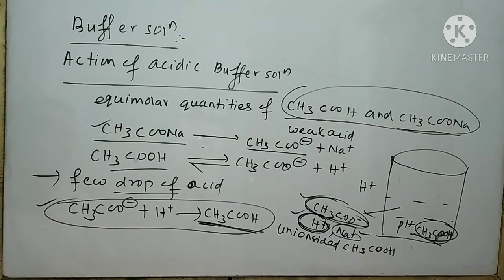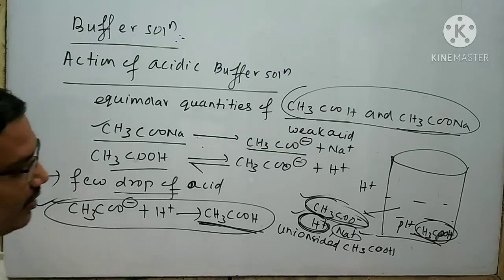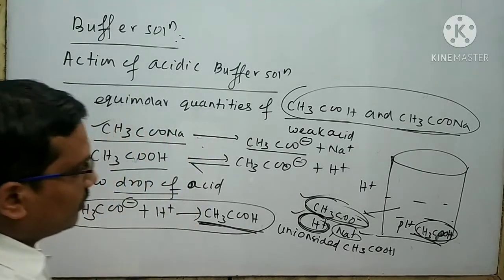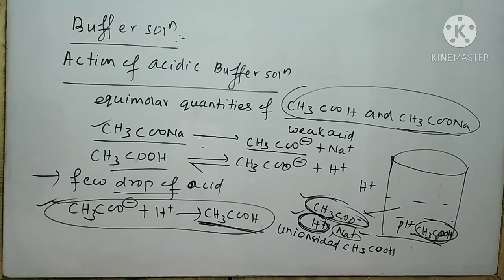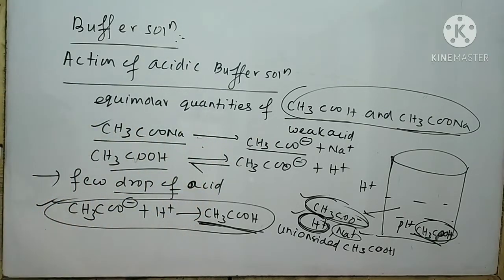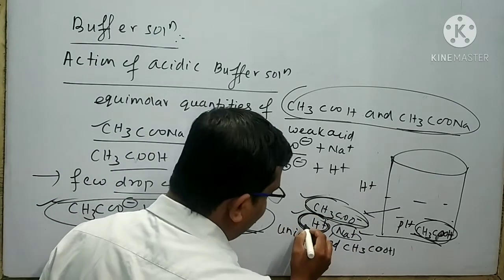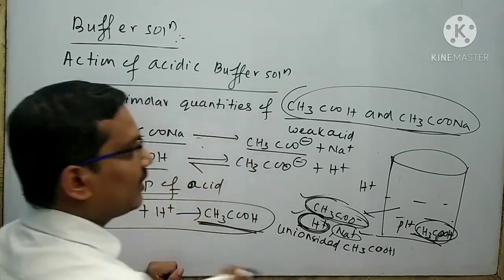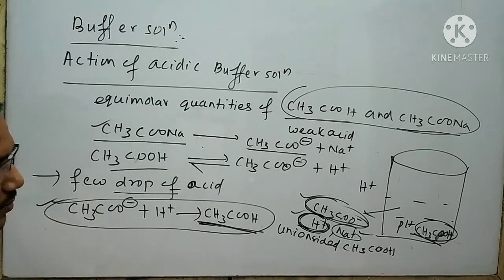If I add a few drops of acid, such a reaction will happen. The pH value does not depend upon the added H plus ion from outside. It only depends upon the H plus ion which is already present in the buffer solution.